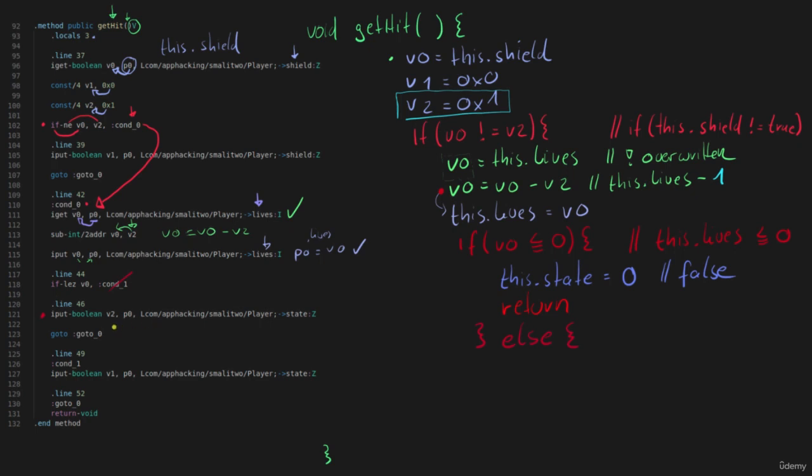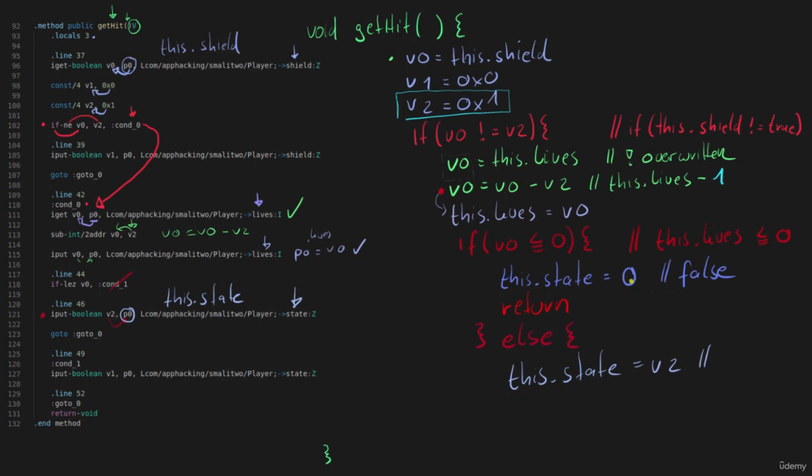Now we are putting v0 into p0. This is once again our instance field, this.state, okay. So this.state is now v2.